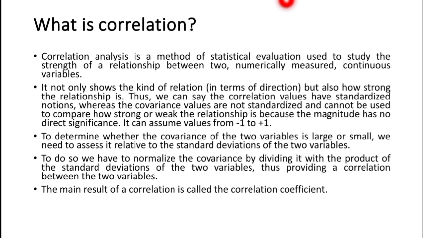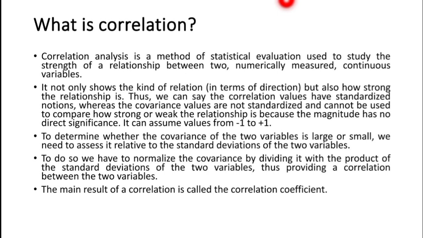And it's not only going to tell about the direction, it's also going to tell about how strong the relationship is. That means how the two variables are related to each other, right? So that's why correlation is standardized. We can say that the correlation values have standardized notions, but covariance values are not standardized and cannot be used to compare how strong or weak the relationship is, right guys?